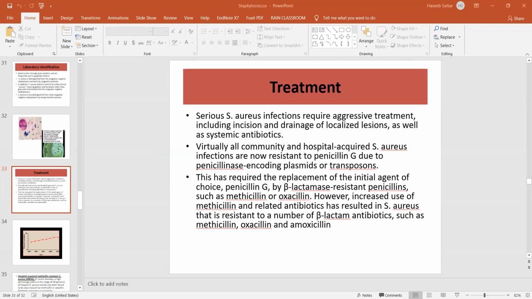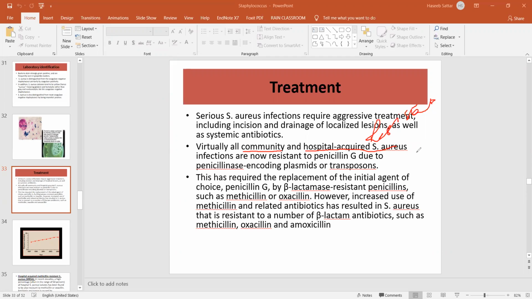One is hospital acquired infections, and one is community acquired Staphylococcus aureus infection. Because of their infection pattern and resistance pattern to antibiotics, we classify these bacteria into community acquired antibiotic resistant bacteria and hospital acquired antibiotic resistant bacteria.